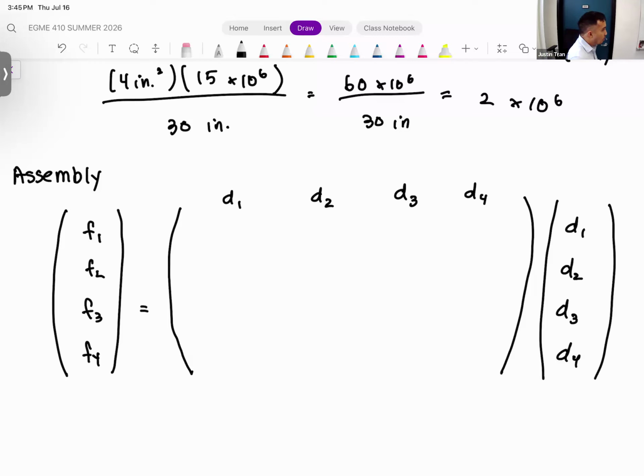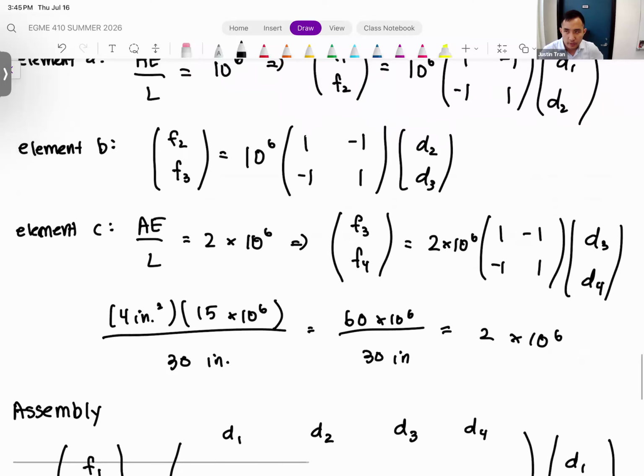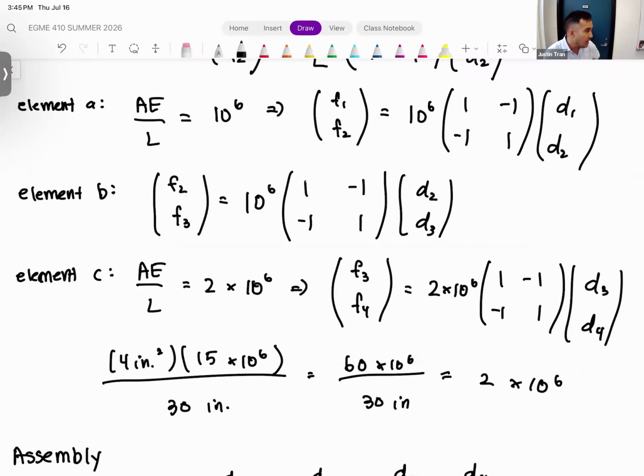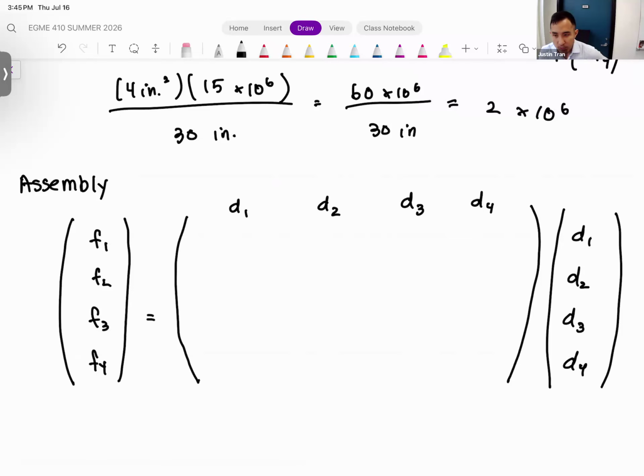Now we're going to take all 3 of our element stiffness matrices and insert them into our matrix here. I'm going to do one thing that simplifies things first. We can see from our element stiffness matrices that there's a factor of 10 to the 6 that's always in front. I don't want to have to write that every single time in the global system, so we can just factor out that 10 to the 6 from the beginning.